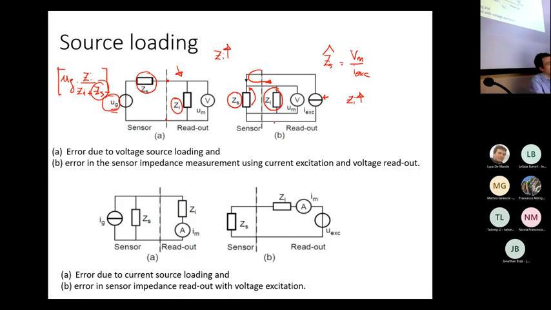So source loading means that depending on the task at hand, you have to properly force the input impedance of your circuit to be high for this kind of task, or very, very low for the task highlighted below. In this case, the source is a current generator.